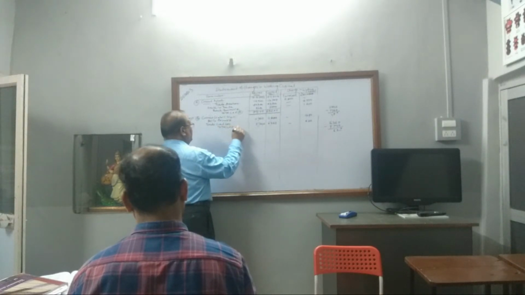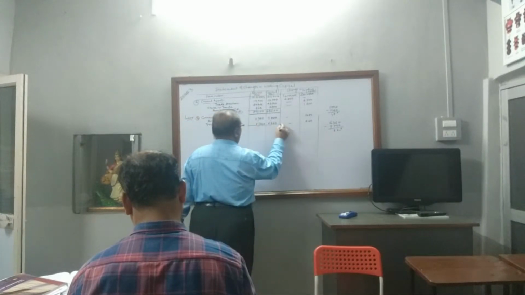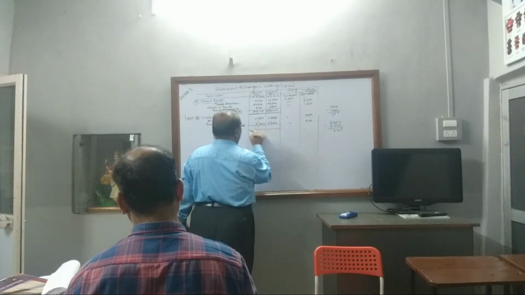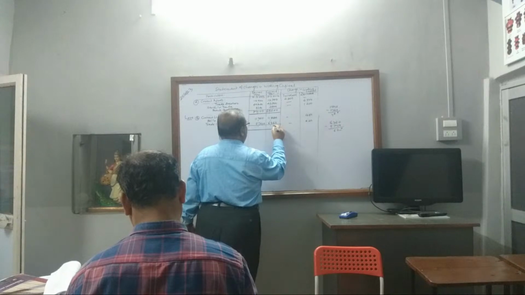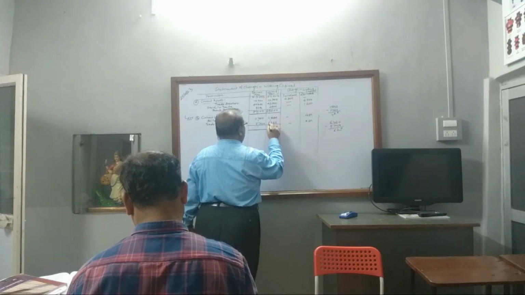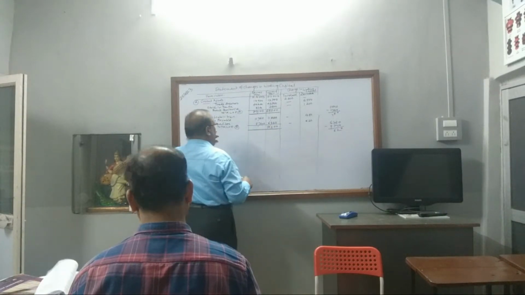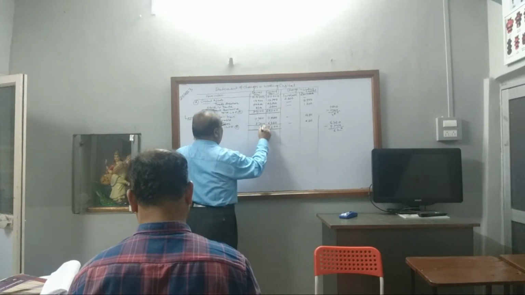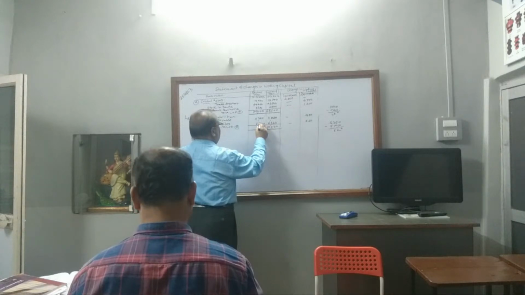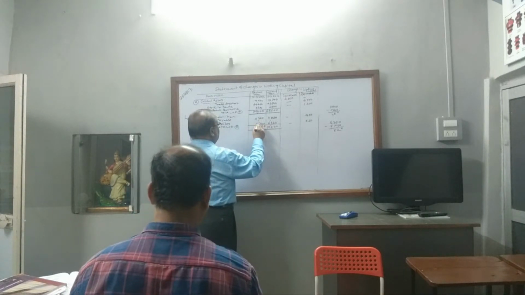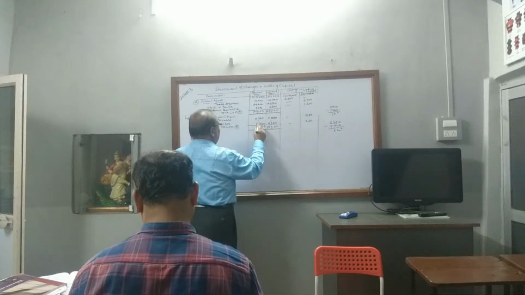Total of B you take here. This total of B will be 17,100 and 18,200.